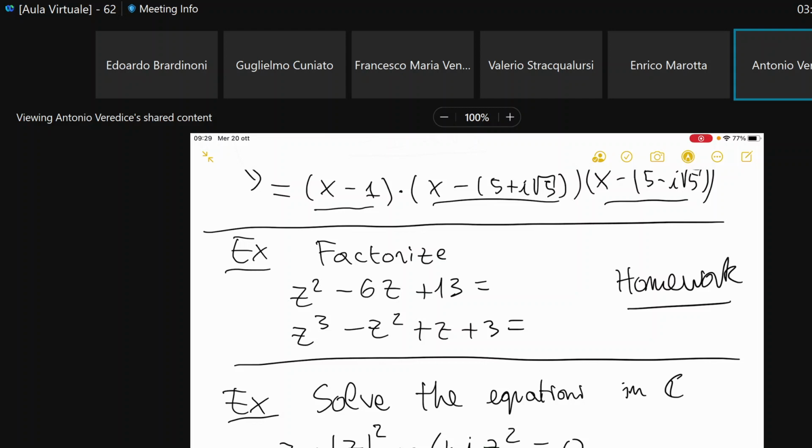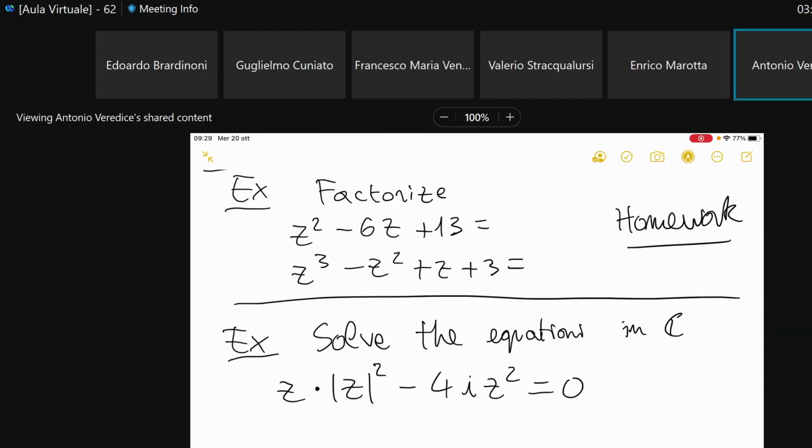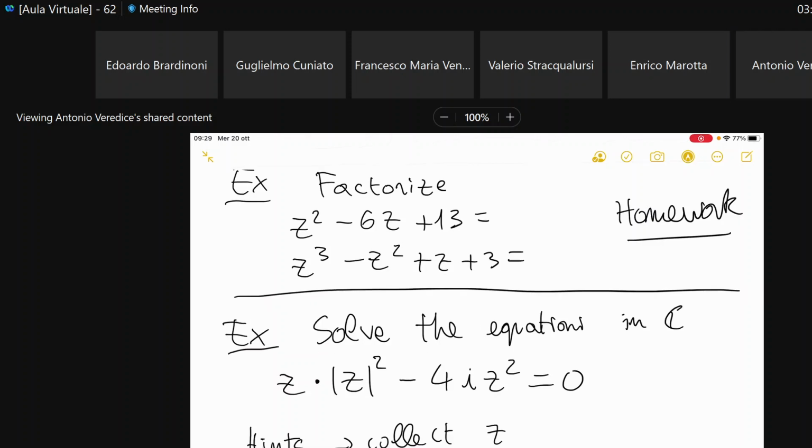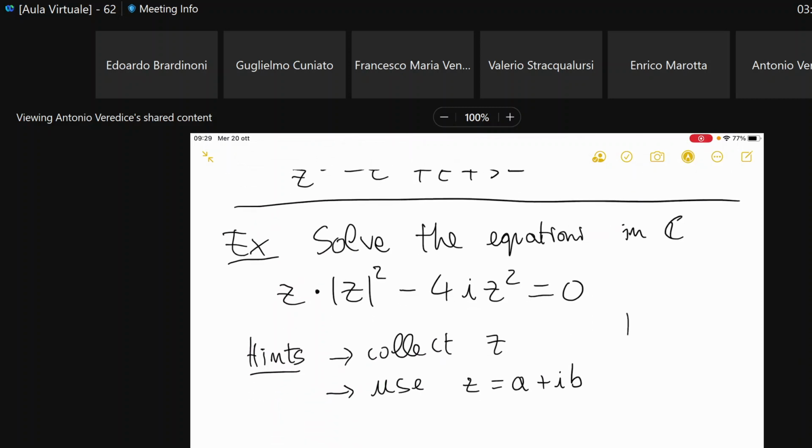Okay, another homework. The hint is: collect z and use the Cartesian form. Okay, and this is another homework.